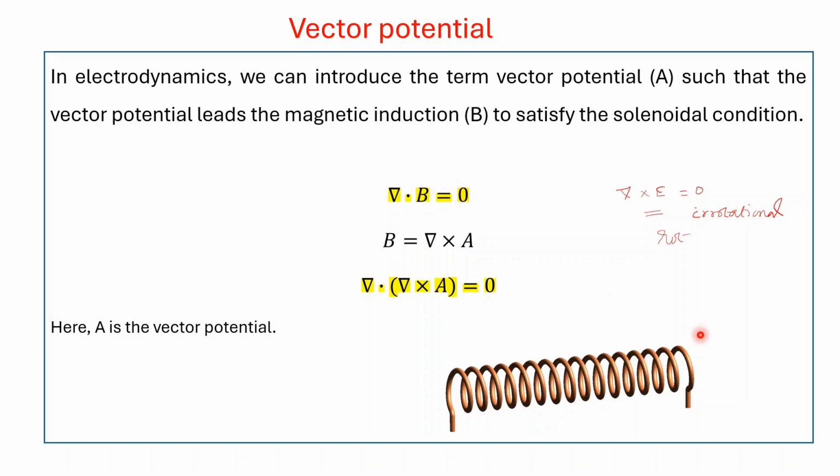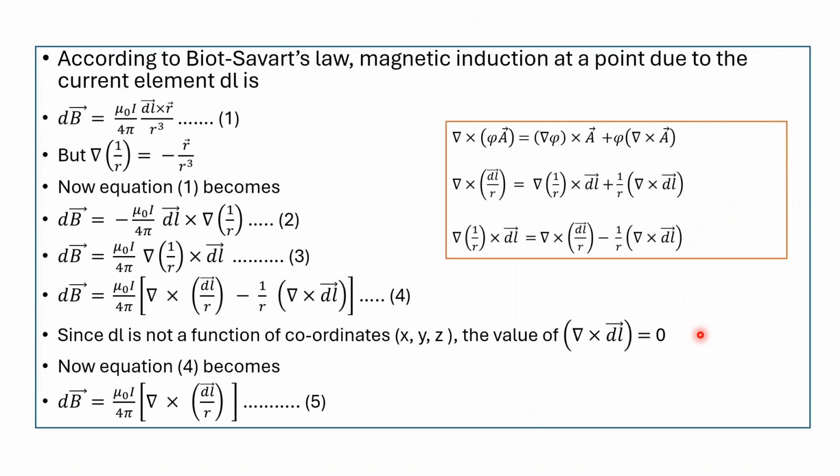Now we have to derive an expression for the vector potential A using Biot-Savart's law. According to Biot-Savart's law, magnetic induction at a point due to the current element dl is mu naught I divided by 4 pi, dl vector cross r vector divided by r cube.